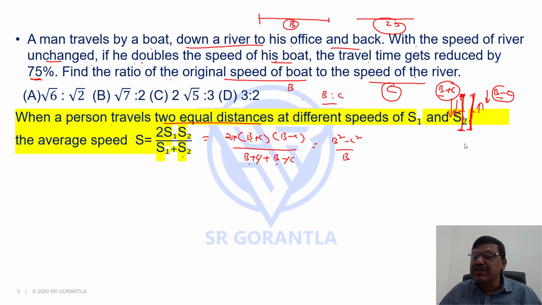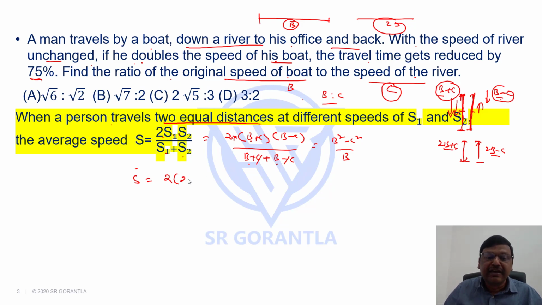Now what will be the downstream speed? The downstream speed will be 2b plus c and the upstream speed will be 2b minus c. Again it is traveling two equal distances at different speeds. Now the average speed is going to be 2 into s1 s2 by s1 plus s2, where now we have 2b plus c and 2b minus c.